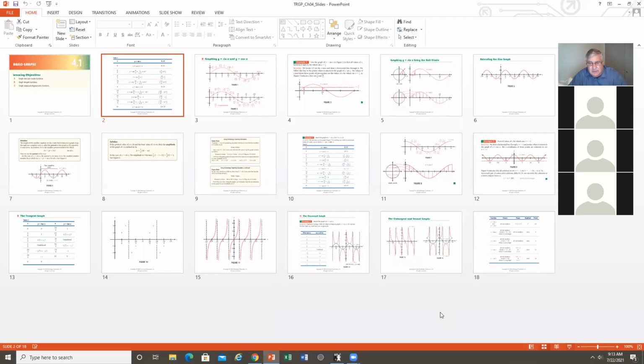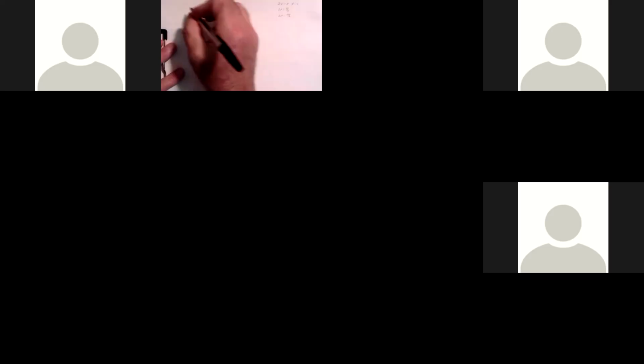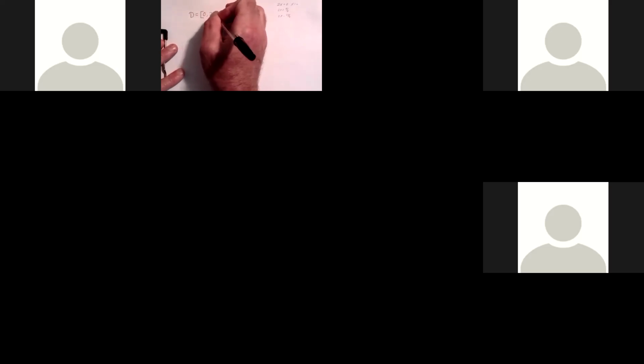So let me show you what's going on here. The domain of this function is 0 to 2 pi. This is called interval notation.